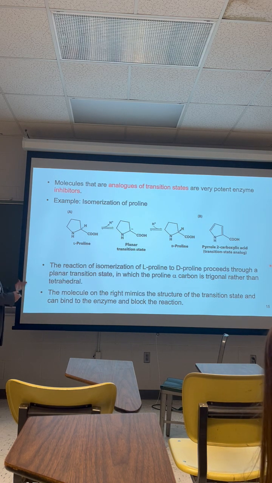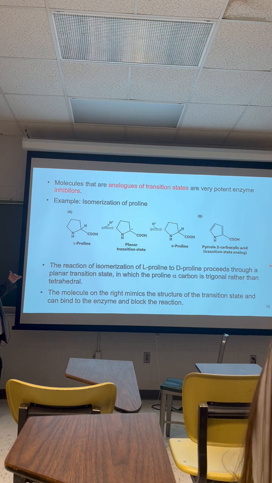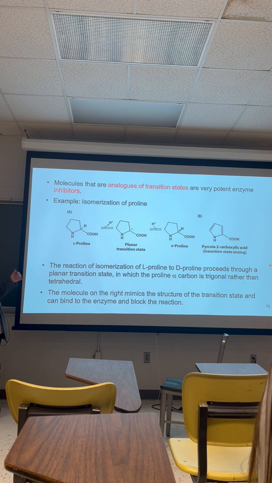Okay, so here is a busy example, intimidating example, I agree, but let's just look at it. You have proline, one amino acid, L-proline. As you know, all amino acids are L, so this is L, this is our alpha carbon, and we are converting it to D-proline.